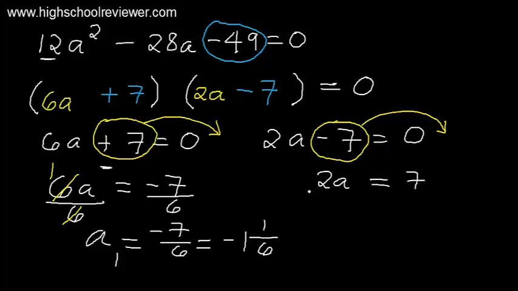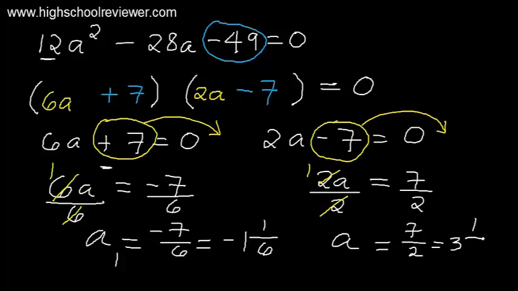So to solve for the value of a, we need to divide both sides of the equation by 2. So 2 divided by 2 is equal to 1. Okay. So 1 multiplied by a, this will give us positive a, and positive 7 over 2, or this is equal to 3 and 1 over 2. So this is our a sub 2. So these now are our final answers.